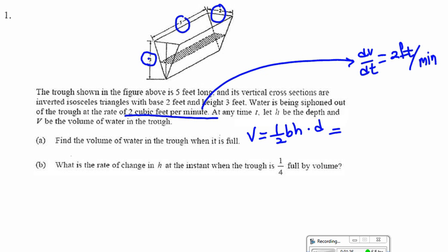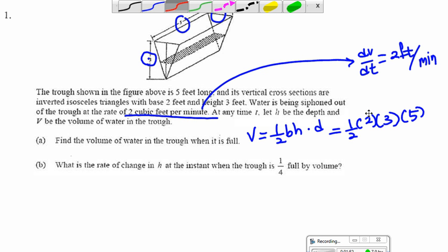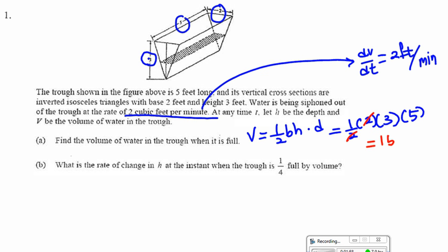Now, here we have 1/2 is already there. Base becomes the 2, and height becomes 3, which is right over here, and then depth was the 5. Now, we get to realize that these two cancel out. Therefore, the entire volume would have been 15.